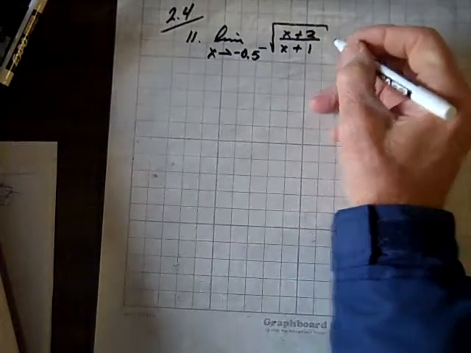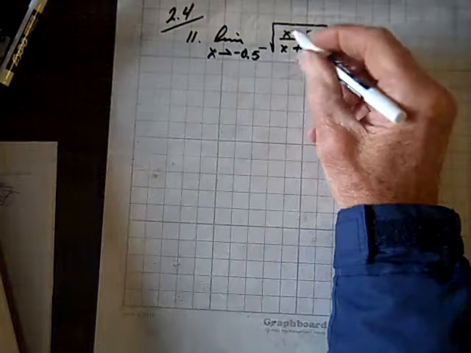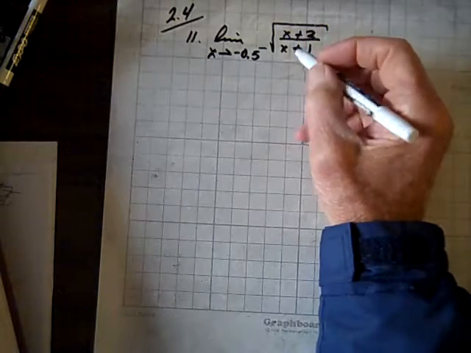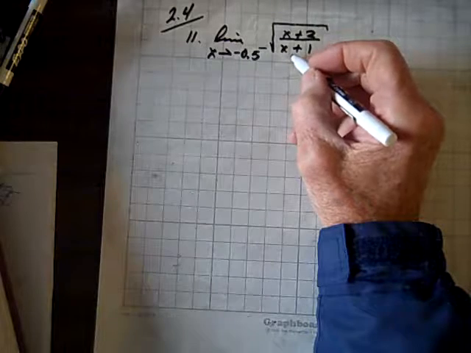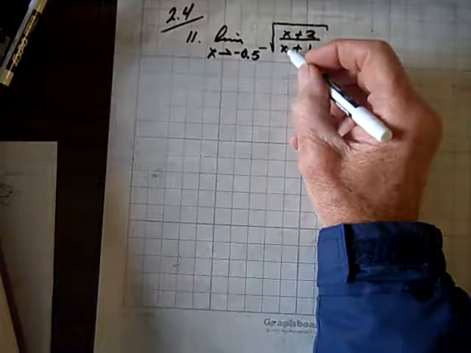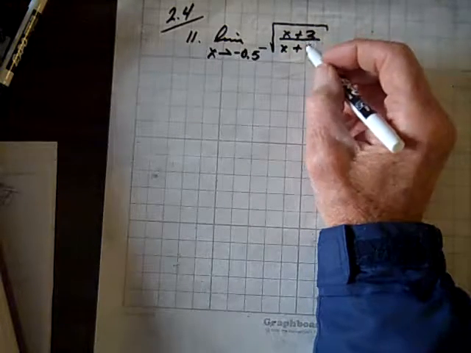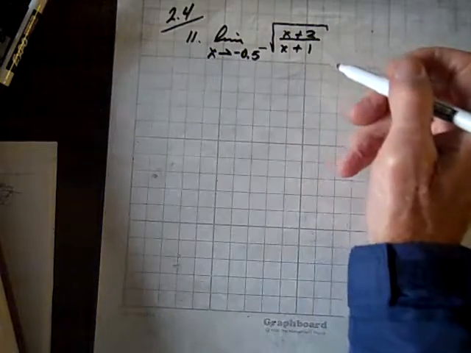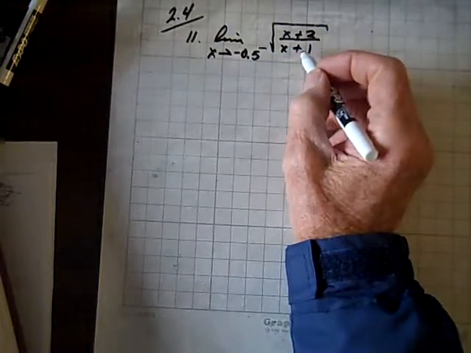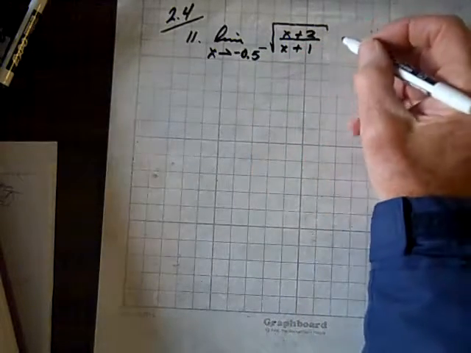So we can just simply evaluate directly because this function is defined for all reals less than or equal to negative 2 and greater than negative 1, I beg your pardon. So negative 0.5 is in the domain.